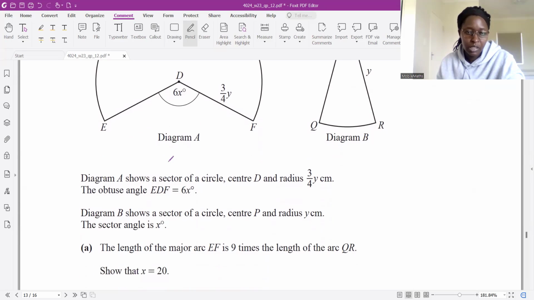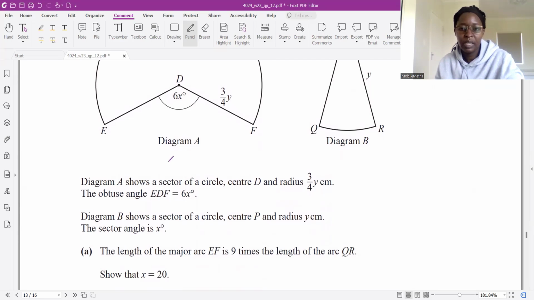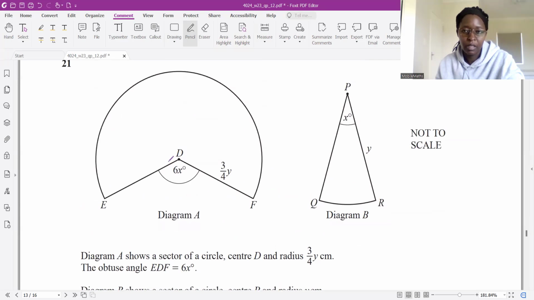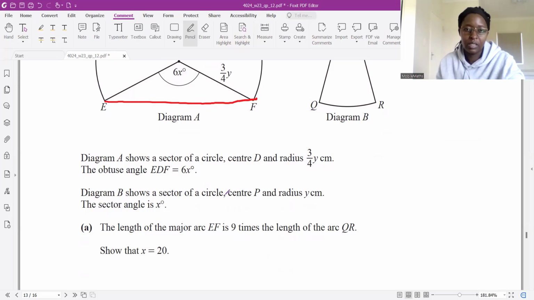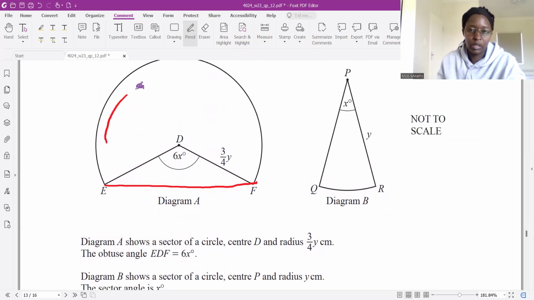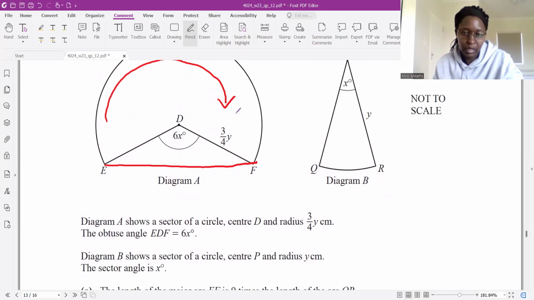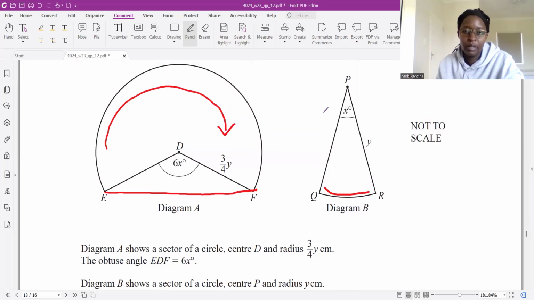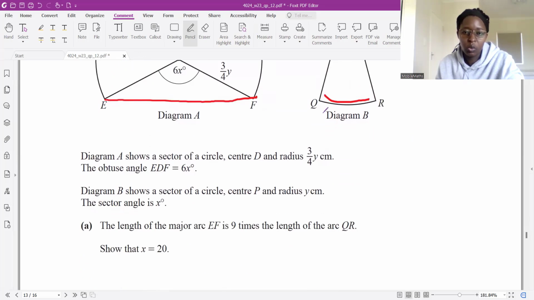Diagram P shows a sector of a circle with center P and radius Y. The length of the major arc EF, the one that goes right around here, is 9 times the length of the smaller arc Q. Then they say show that x is equal to 20.